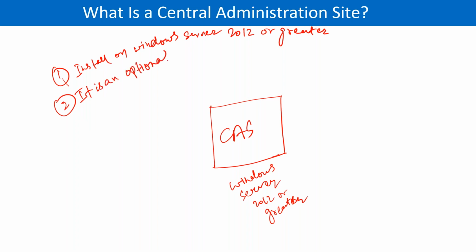Why optional? You may find this in some companies, and some companies do not have it. It is not mandatory that you will get this in every company. It is installed based on certain criteria. Now what is the criteria?